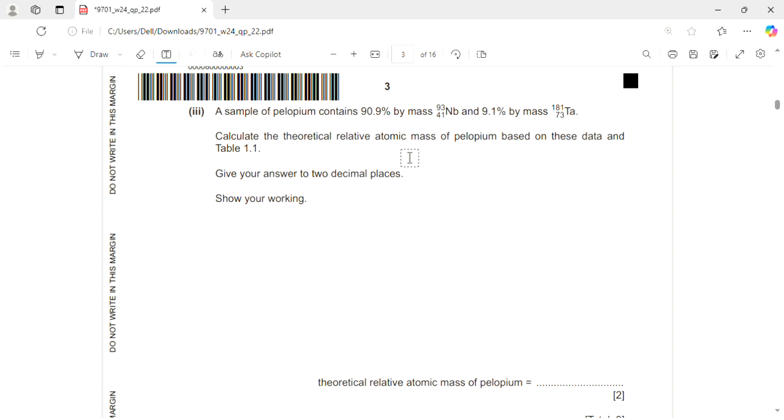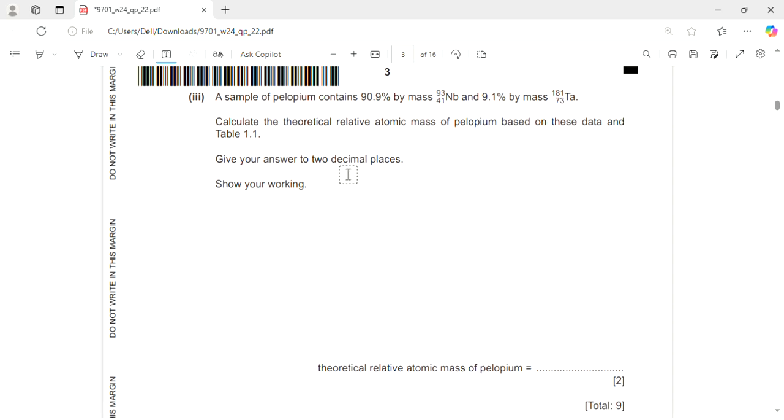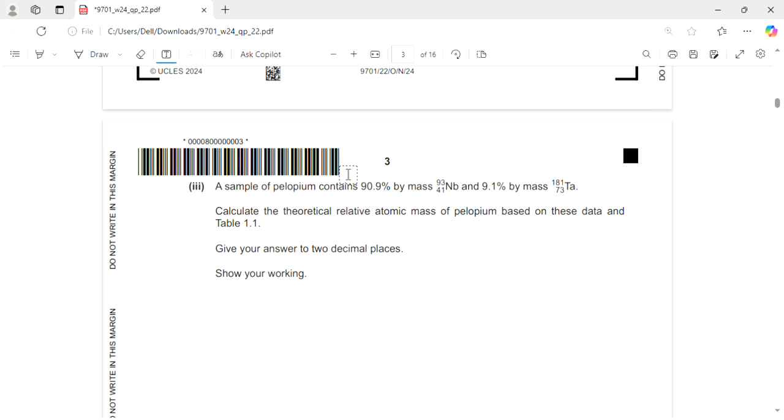Calculate the theoretical relative atomic mass of the fallopian based on these data in Table 1.1. So we all know that 90.9% means 90.9 divided by 100.